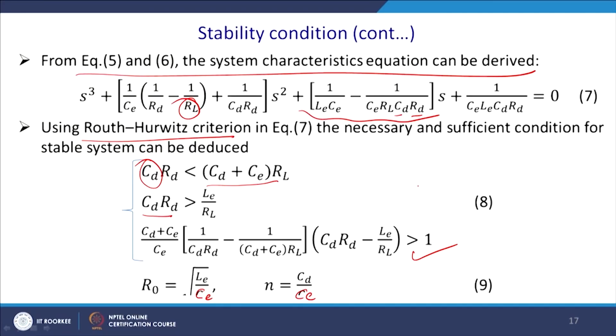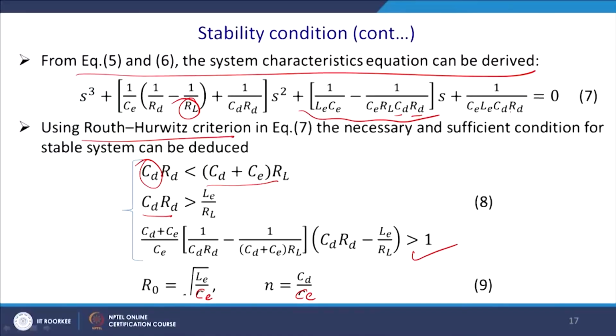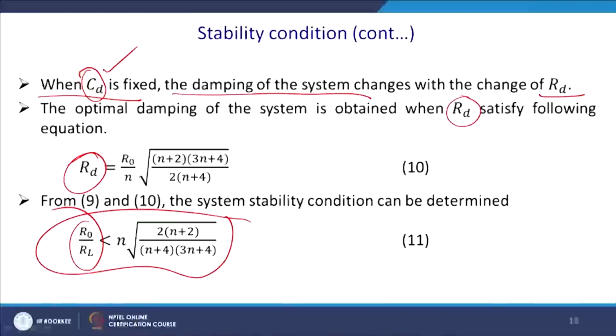Students should be very much aware of converting your state space into the transfer function, then you get the criteria, and you see what should be the stability of the system by equation number 11. So, thank you for your attention, and in the next class we shall see active damping and some other cases of passive damping.